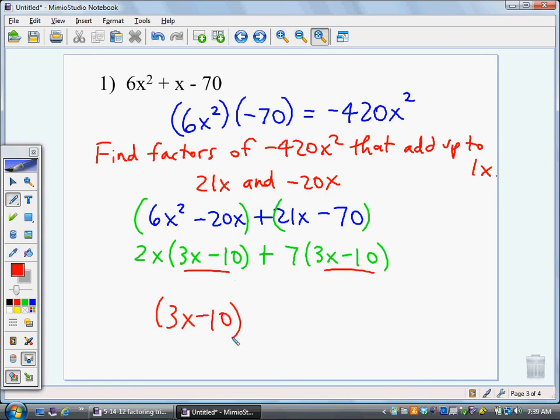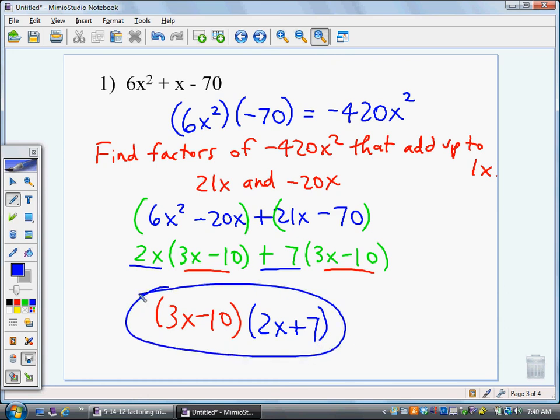It goes right there, and what remains is the 2x plus 7, and that's your answer. So we multiplied the first and the last, and then found the factors of the product that would add up to 1x. You rewrite them, you group them, you find your common factors, and you get your answer.